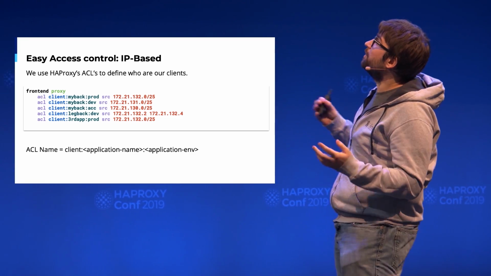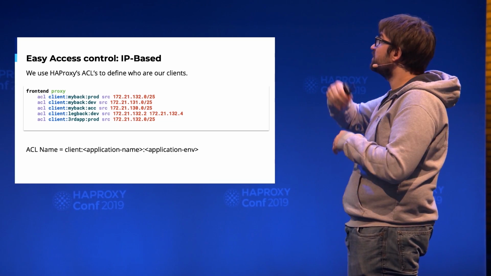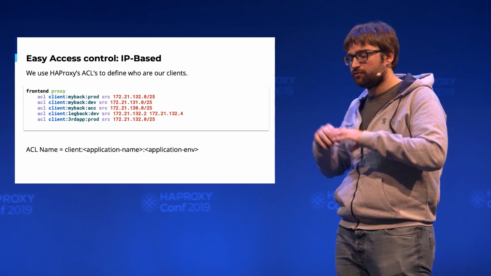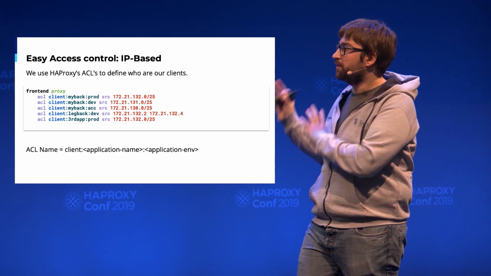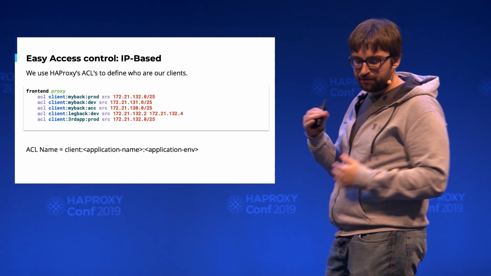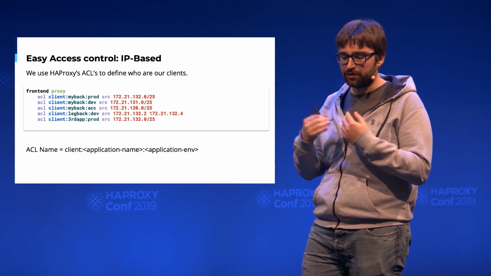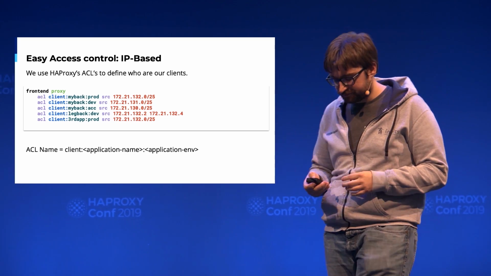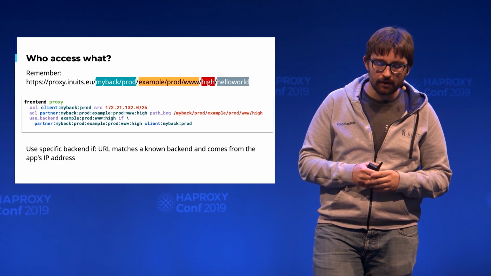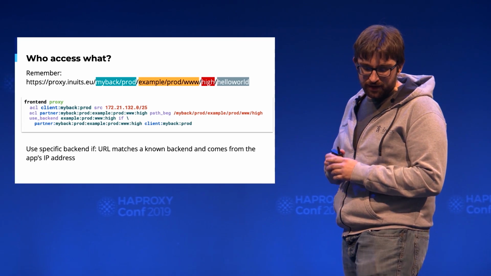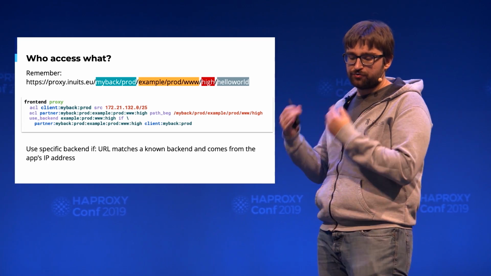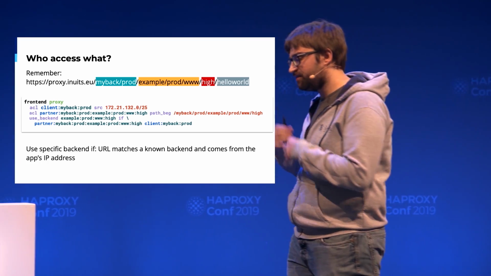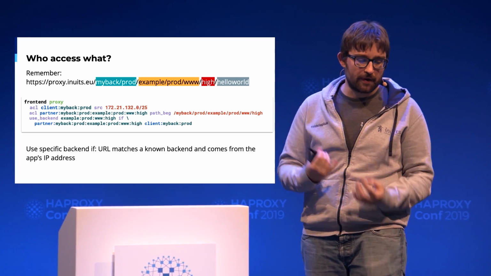That's the first access control that we have in place. So just a bunch of clients with a name and an environment. In the HAProxy that we use, we have two clusters, one for production, one for non-production, and a bunch of ACLs that tell us that application can come from that IP range. Then for each application, we have another ACL that will look for the path of the URL.